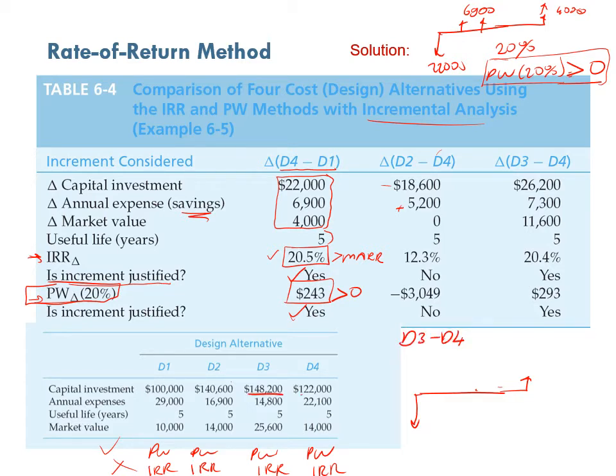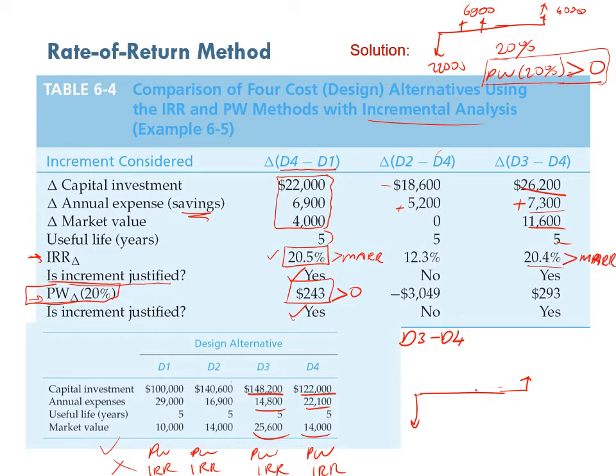And the difference between their capital investments is this much. Difference between the annual expenses, now it becomes savings, it is this much. Difference between their market values, it is this much. Useful life is given. And when you find the internal rate of return of this difference cash flow, we see that it is greater than MAR.